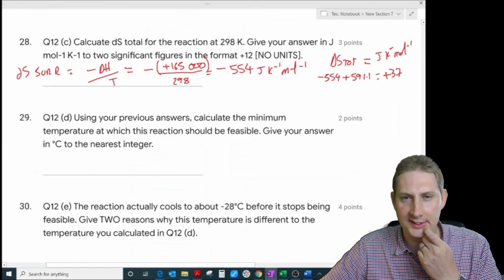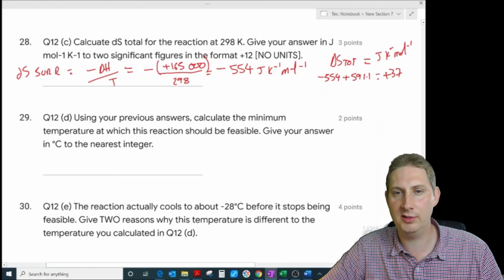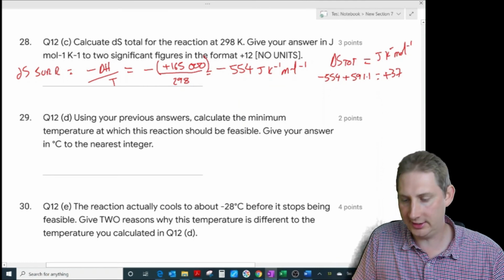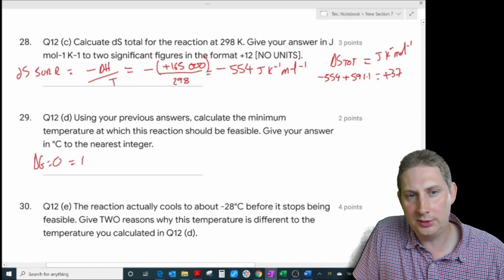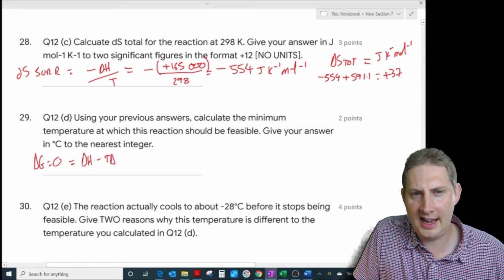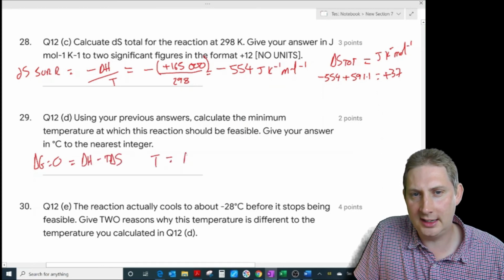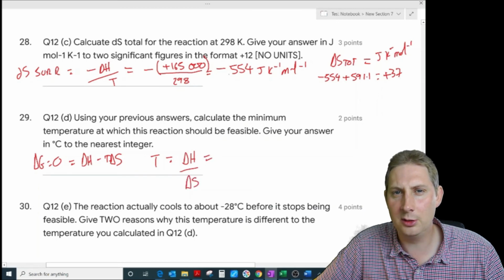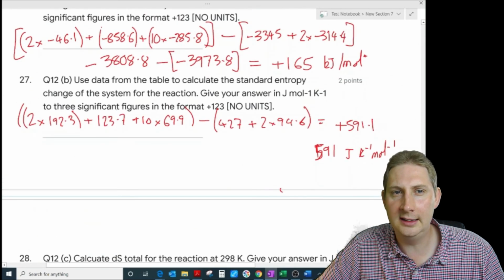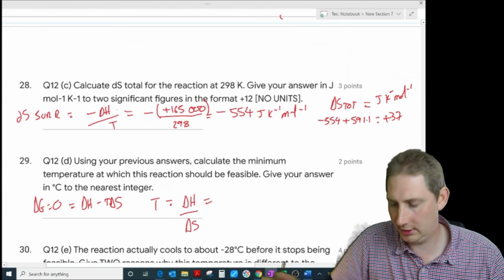Using your previous answers, calculate the minimum temperature at which this reaction should be feasible. Give your answer to the nearest integer. Well, delta G is 0 equals delta H minus T delta S. So the temperature is delta H over delta S. You've seen that loads of times before. The enthalpy change is 165,000.